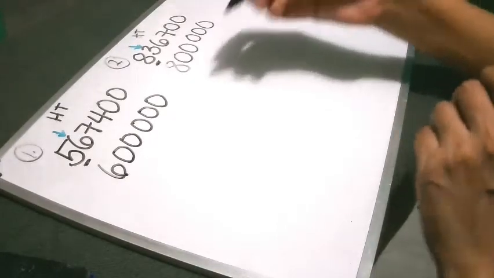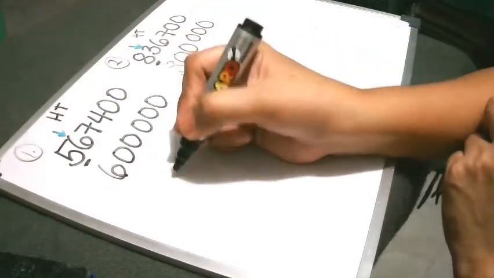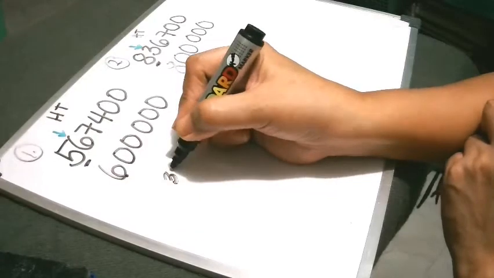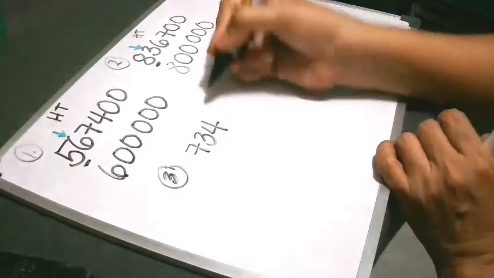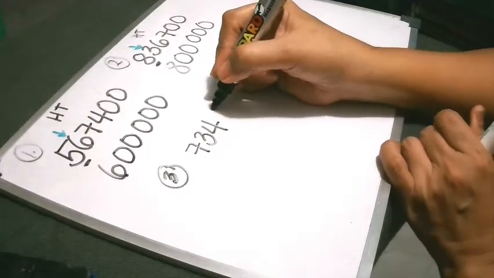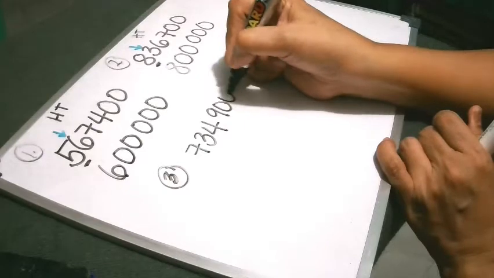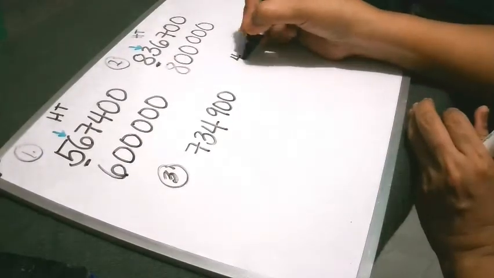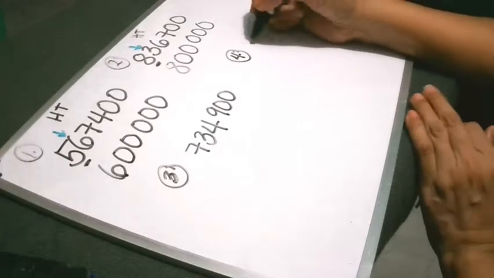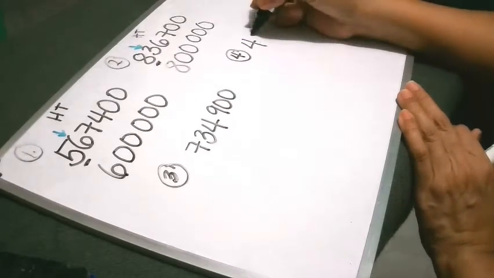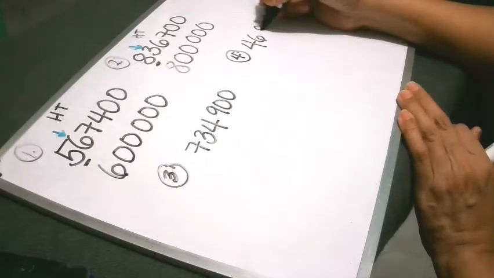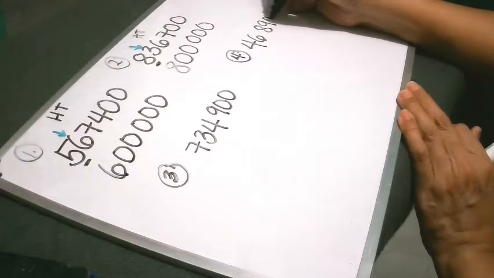So, another example. Let's say 734,900. And then another one, last example here, we have 46,892.